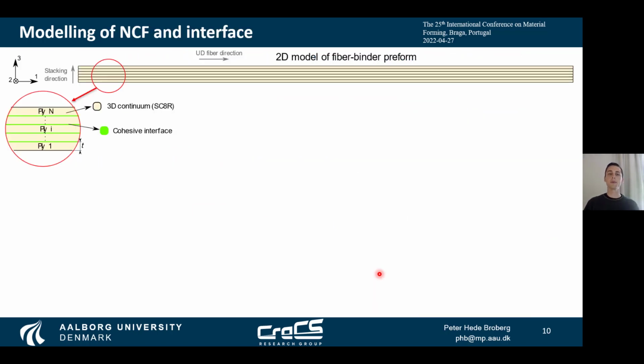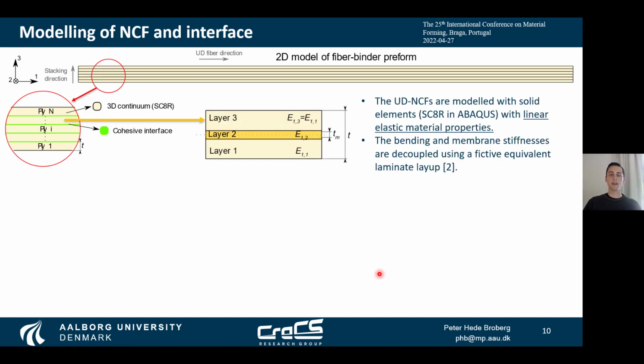So in this slide, I will talk a little bit more on how we have solved these two challenges. So the non-crimp fabric is modeled with continuum shell elements in Abaqus with linear elastic material properties.